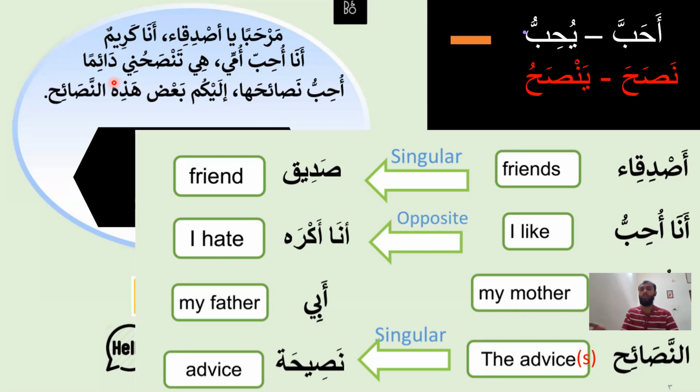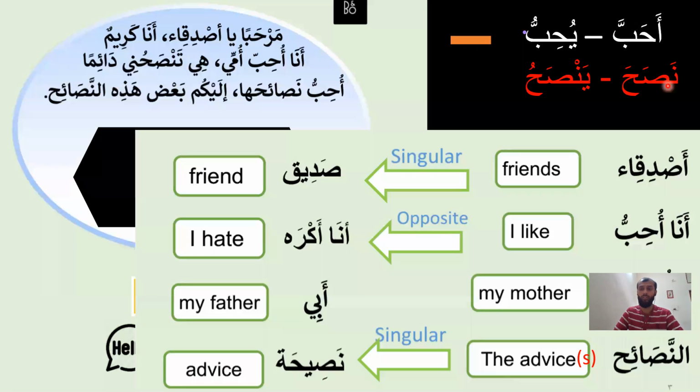All you need to remember in this lesson: remember ahabba, yuhibbu. Ahabba is he loved. Yuhibbu is he loves. To change it to feminine, it will become ahabbat, tuhibbu. Nasaha is he advised. Yansahu is he advises.